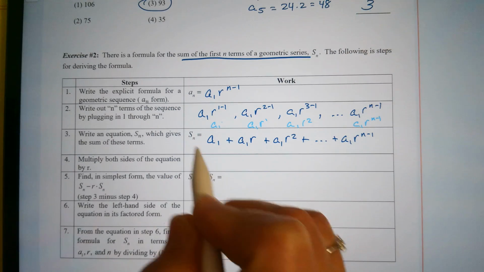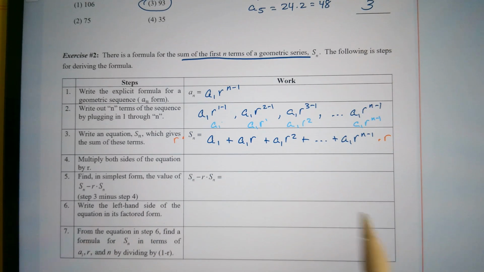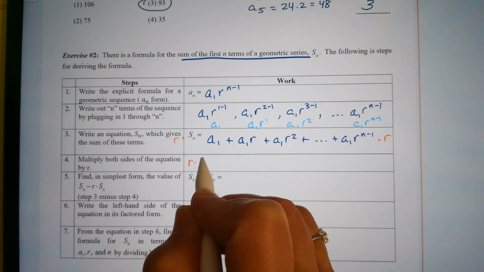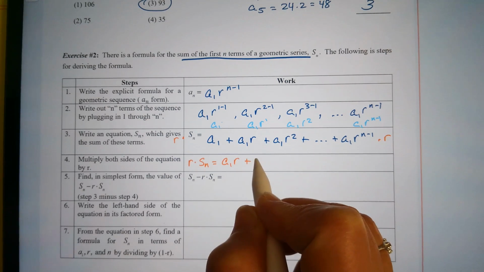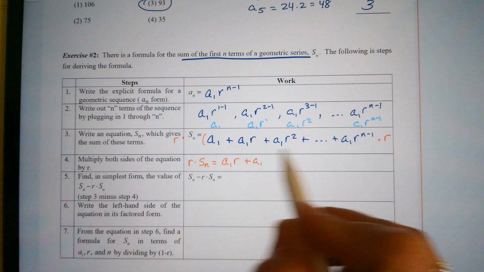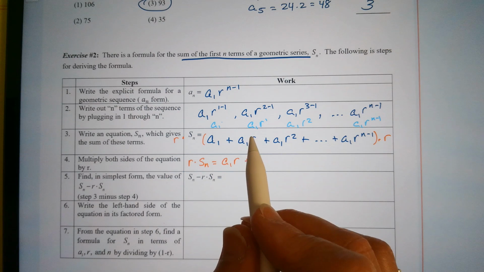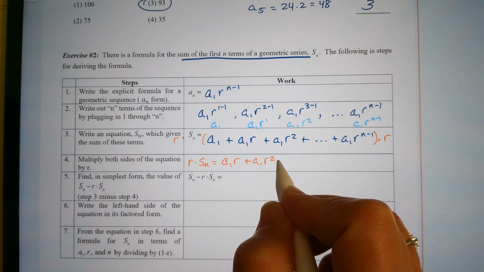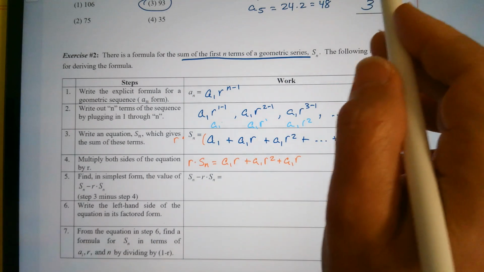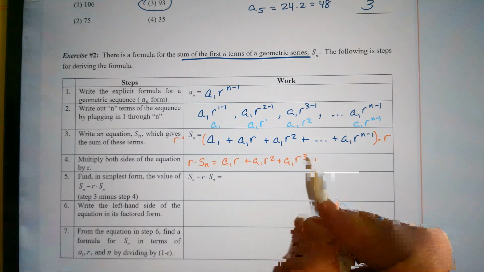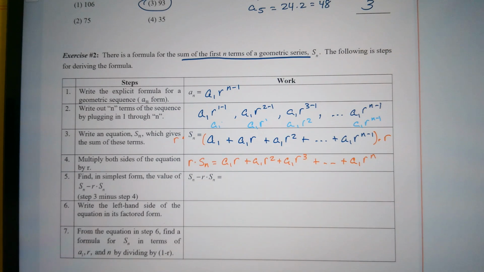So we have r times s sub n equals a sub 1 r plus a sub 1 r squared plus a sub 1 r to the power of 3, plus a sub 1 r to the n. Each term is being multiplied by r.